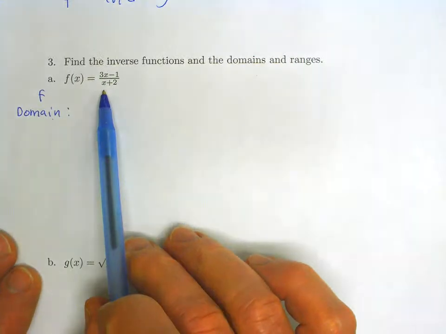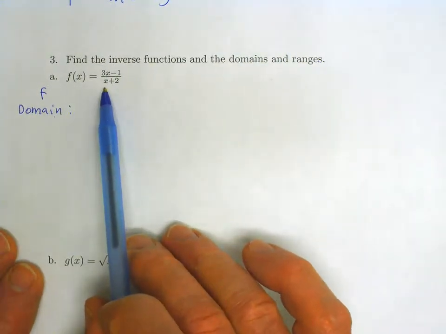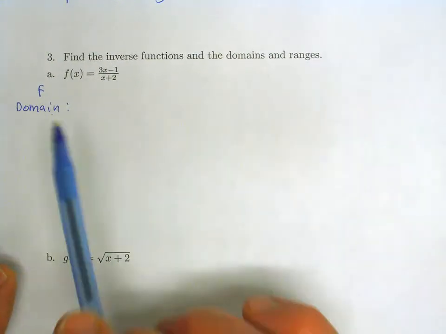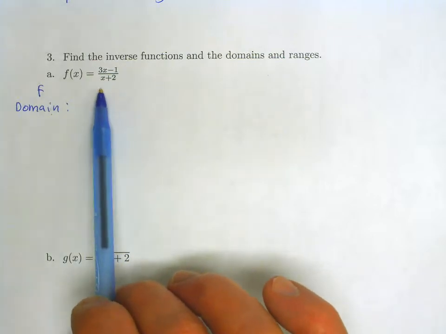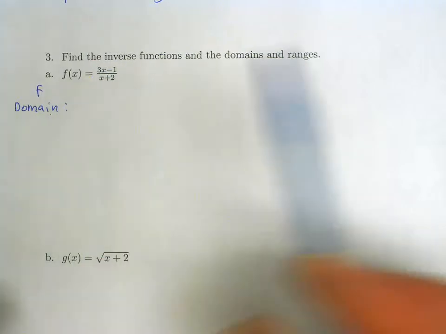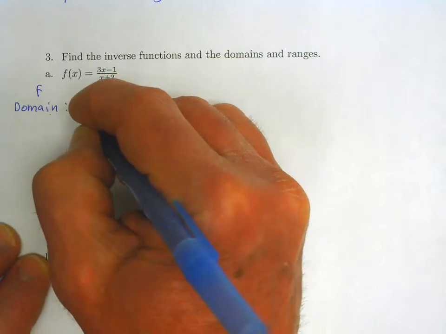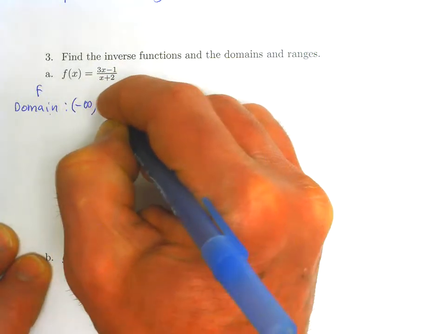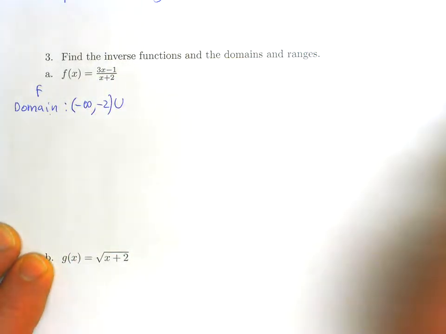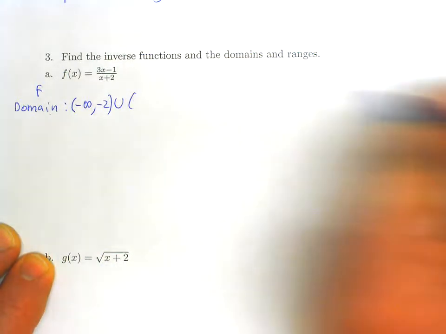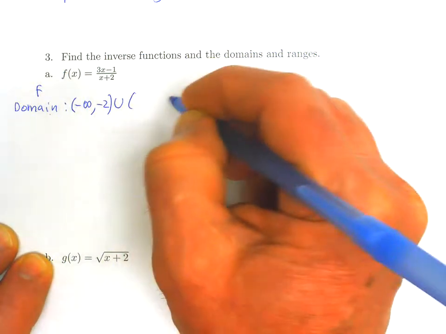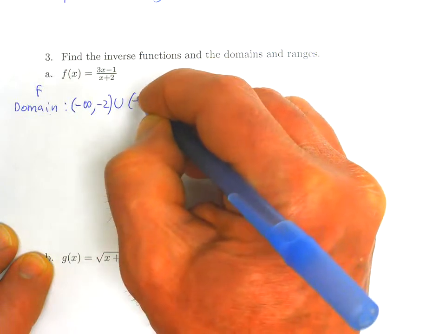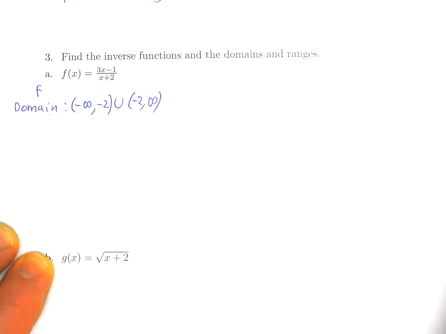The restricted values from the denominator determine how to find the domain. So there's only one restricted value, it's -2. So the domain is every real number except -2. So in interval notation, -∞ to -2, parenthesis, and then union, parenthesis, -2, infinity.